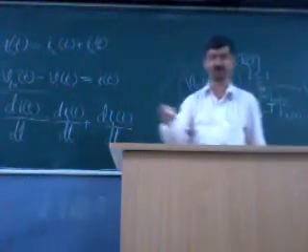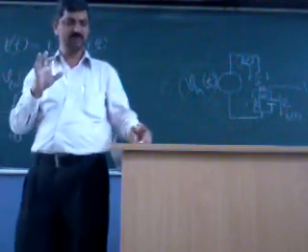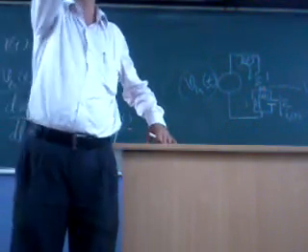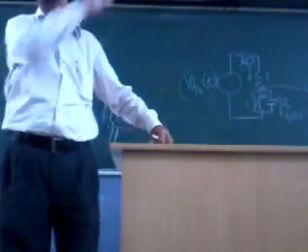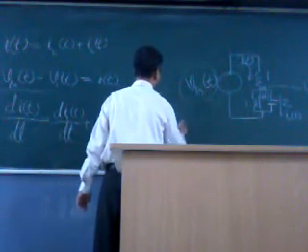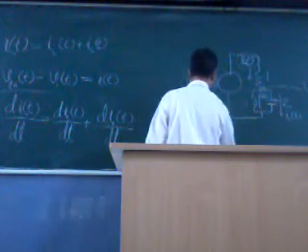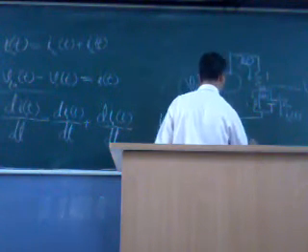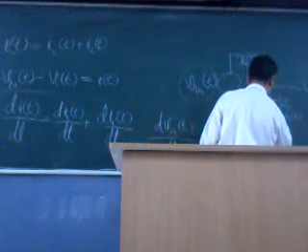You may differentiate this also. Right now I am trying to put before you many assorted things so that you should be able to collect them suitably to write an equation directly. So if I differentiate this, what do I get? dv_in(t)/dt minus dv1(t)/dt is equal to di(t)/dt.